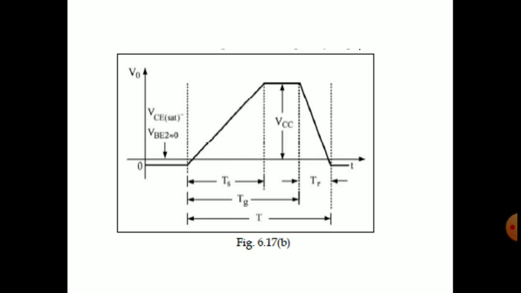Then after TG, it will start decreasing, that is, voltage across the capacitor will start to discharge through the resistor R, and finally it reaches its original position in the time TR, restoration time. The capital T is equal to TG plus TR, that is total time.